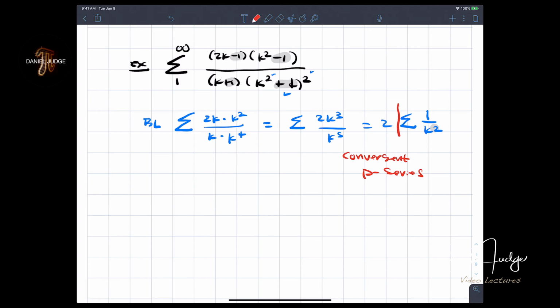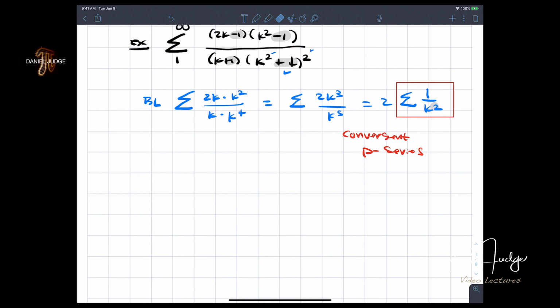So I'm going to use this series to compare it to, or I can use 2 over k squared. Convergent p-series.